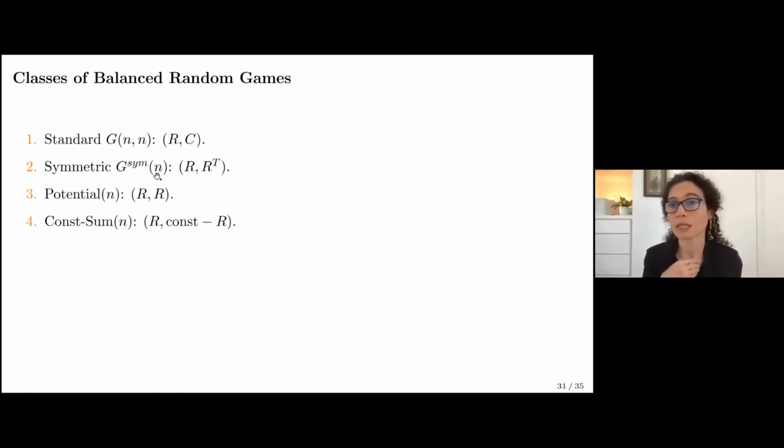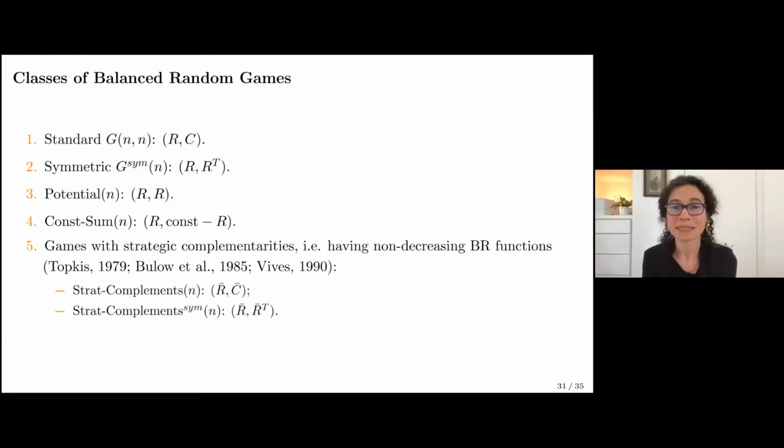You could also think about potential games where there is an ordinal potential to the payoff matrix. Constant sum games, in particular zero-sum games. Games with strategic complements. In other words, games in which there are non-decreasing best response functions for both players.